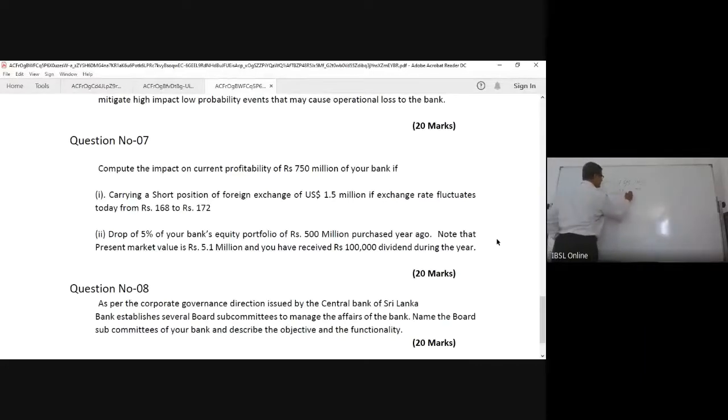So our balance sheet will have 1.5 times 168, which is 252 million in rupees. Now it says our profit right now of the bank is equal to 750 million.